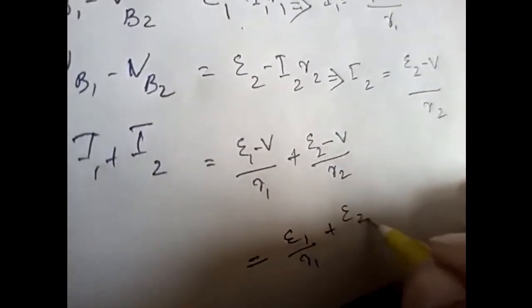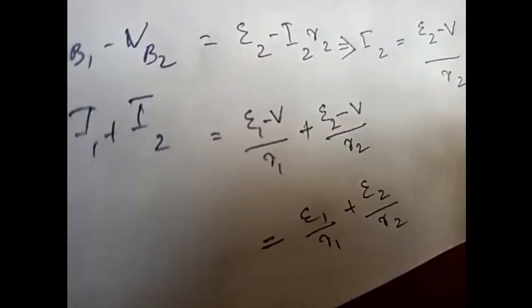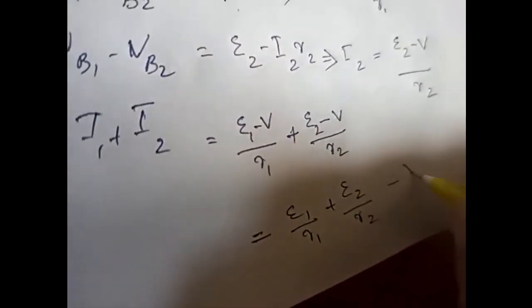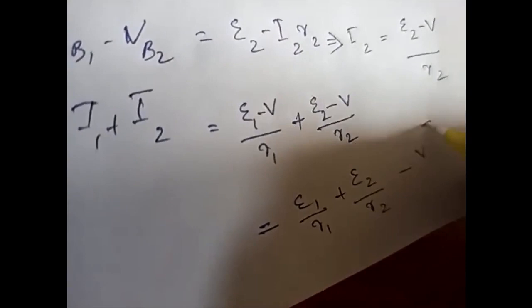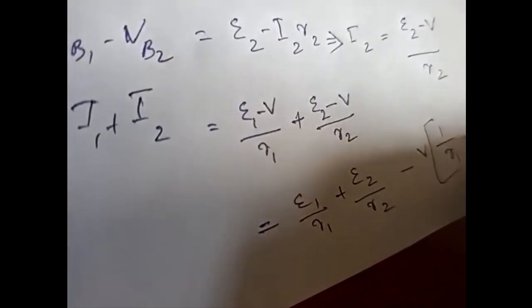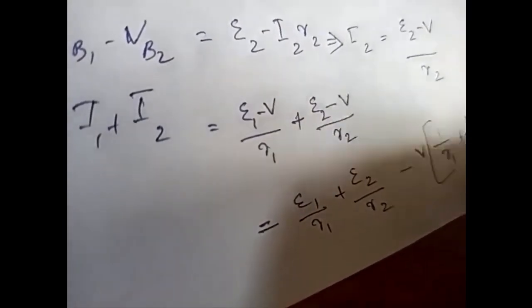So from here we will get E1 by R1 plus E2 by R2 minus V, taking common outside 1 by R1 plus 1 by R2.